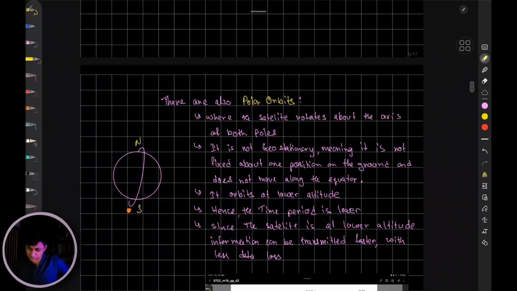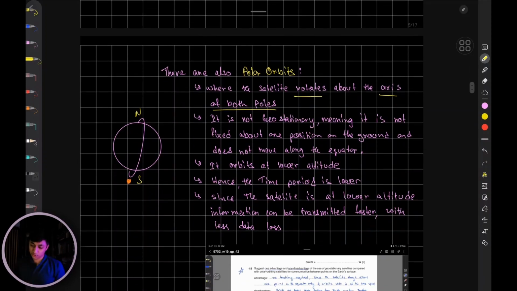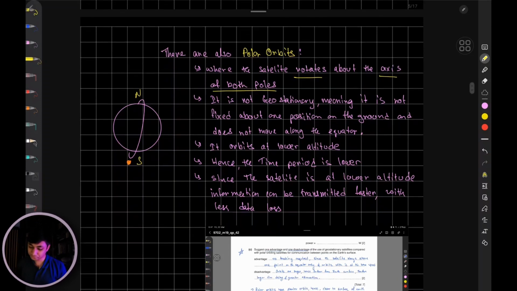So yeah, it is an orbit where the satellite is going to orbit about the axis of both poles, that is North and South Pole. So if this is your North Pole and this is your South Pole, it is going to orbit like this, right? Okay, so it is not a geostationary orbit, meaning it doesn't stay above a fixed position. As mentioned, it does not rotate around the equator. It rotates around the axis of rotation.